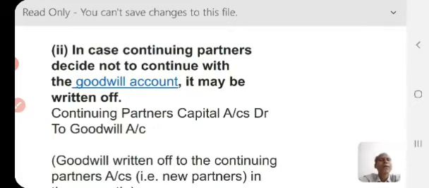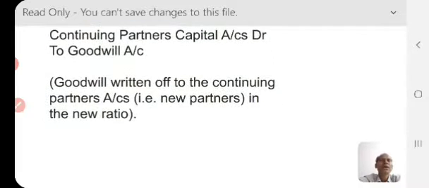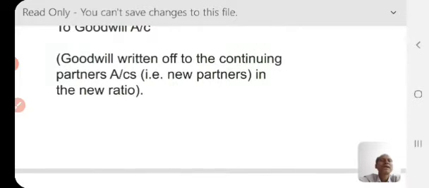So the capital accounts are debited with goodwill. So goodwill is written off to the continuing partners' accounts in the new ratio. As per the new ratio, the goodwill is written off. It is not concerned with the retiring partner.